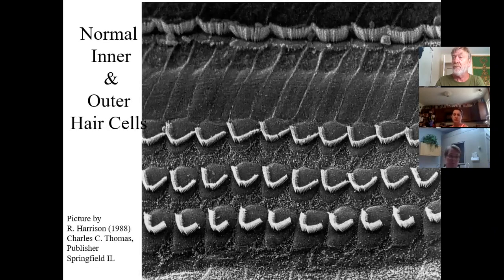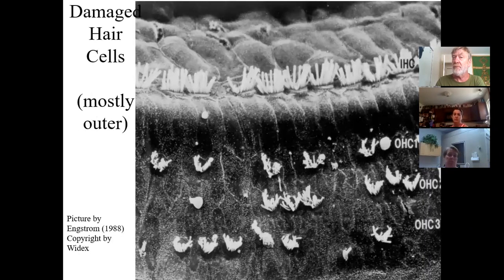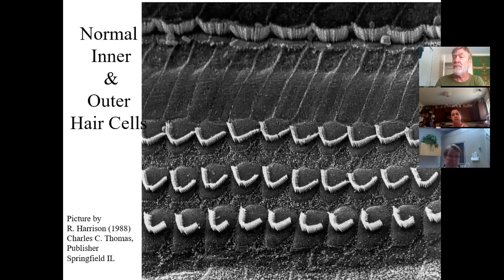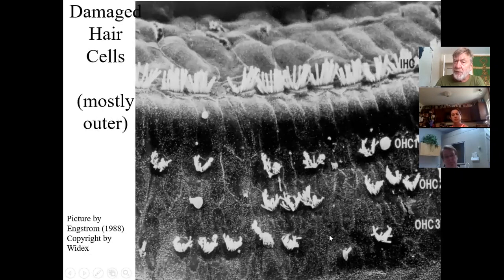Normal, damaged. Normal, damaged. Elderly, presbycusis, trouble hearing treble, okay, that occurs because of damage to these outer hair cells. And now the person can't hear sounds below 50. So the person has a moderate, not a total, because if it was a total hearing loss, you wouldn't hear anything, okay?